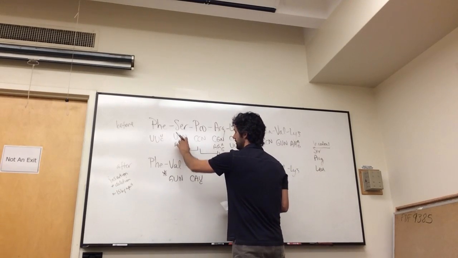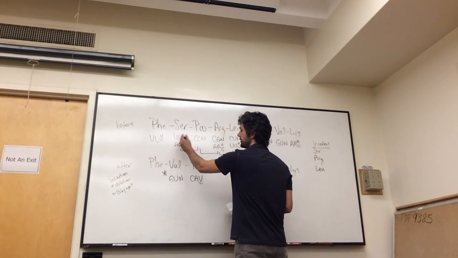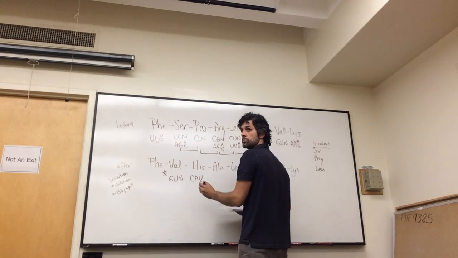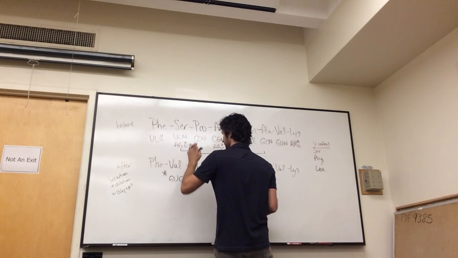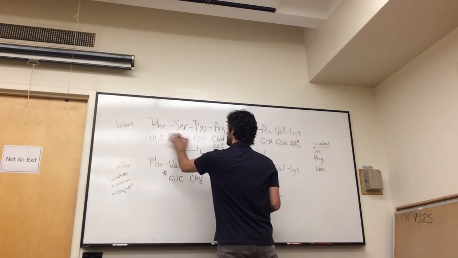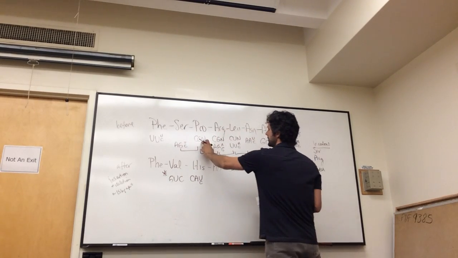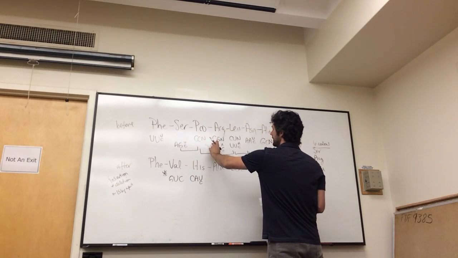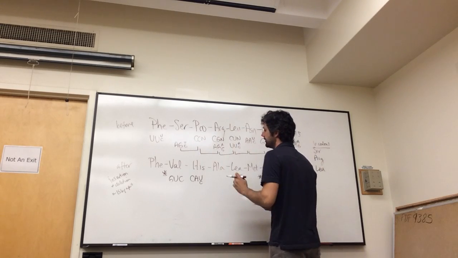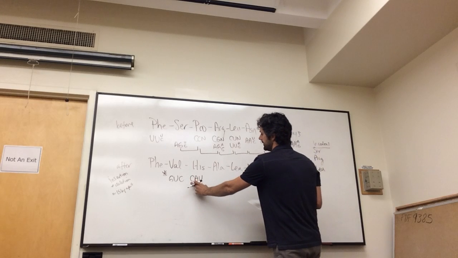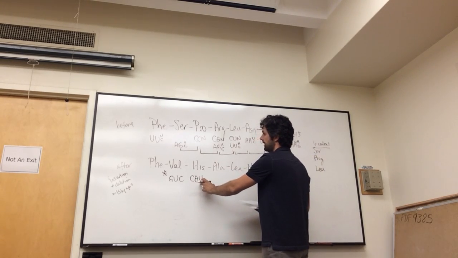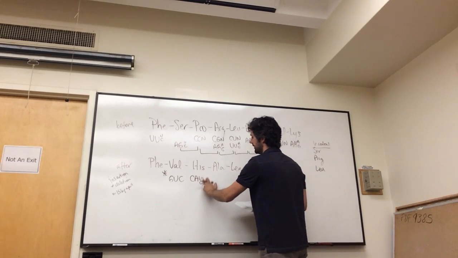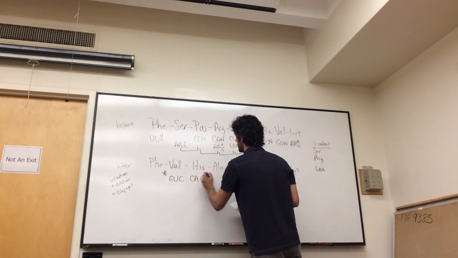Of these possibilities, this one doesn't work, but GUC does work. So let's write GUC in here. The next one is going to be C something, C or A. For histidine, which one works? The CAC. So now we know that this is CAC.